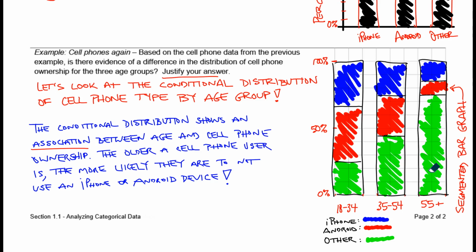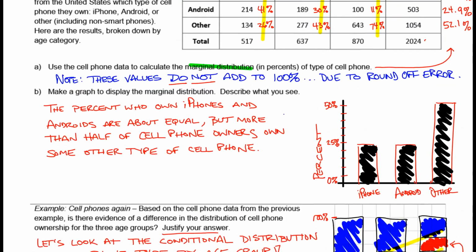So, the conditional distribution shows us that there is an association between age and cell phone ownership. The older a cell phone user is, the more likely they are to not use an Android or an iPhone. You can kind of see that shift in the distribution as you move across the different age categories. And if I think back to, in whatever year this data was, let's take a look.